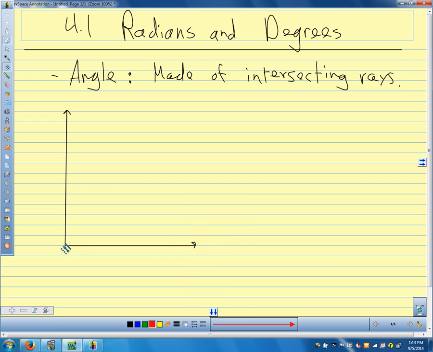We're going to put one ray right along the x-axis, and I'm going to make the other ray go up that way. And someone said our word for this point where they come together, or where they intersect, what do we call that? The vertex. So this is the vertex.